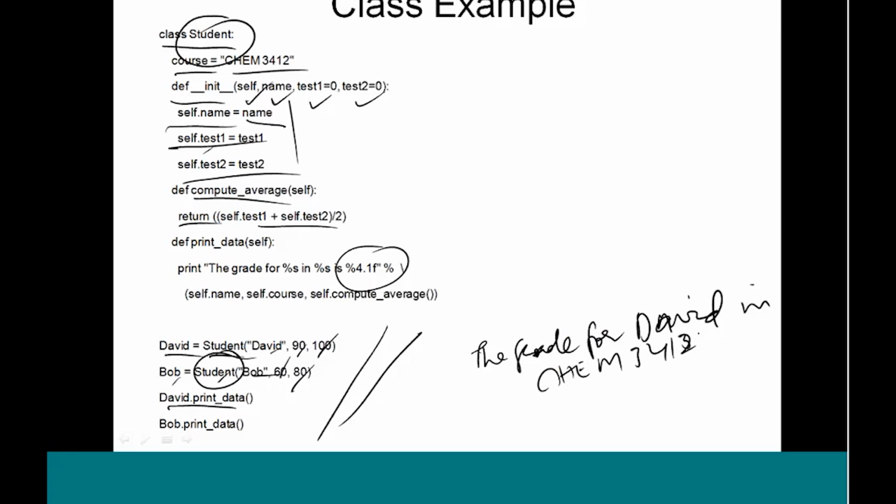So now we can say David print data, and then it will print the grade for David in Chem 3412 is 95.0%.